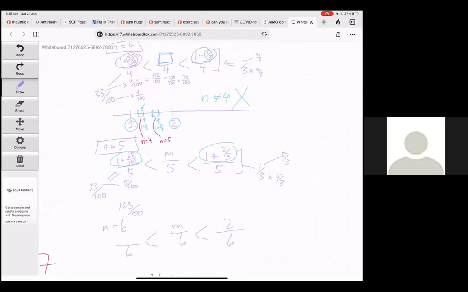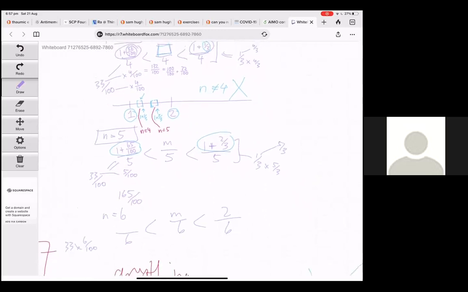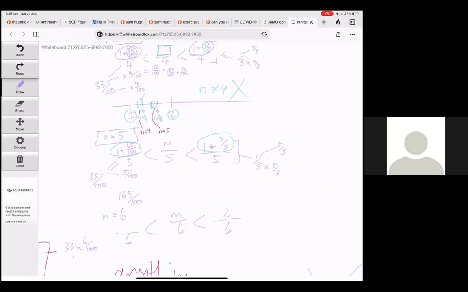On the left, we've got to multiply by 6 on 100. So we've got 33 times 6 on 100, which is 198 on 100. And that is 1 plus 98 on 100.